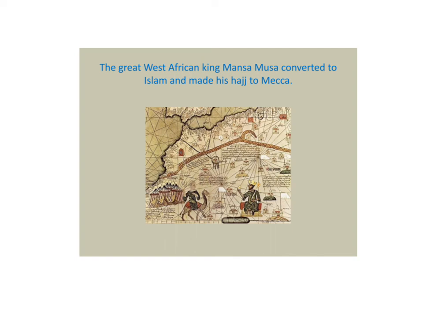He converted to Islam and he made his Hajj to Mecca. So one of the pillars of the Islamic religion that you're supposed to do sometime during your lifetime is to make a Hajj or a pilgrimage to Mecca, and Mansa Musa did do that, and we will study Mansa Musa next week.